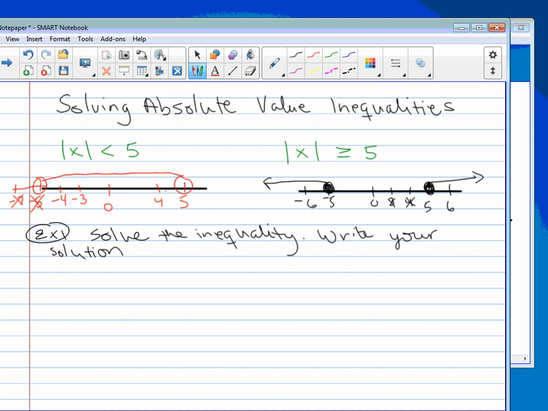It's just a big word, Nancy. Don't get scared. It's nothing. Interval notation. And let's do absolute value of 2x minus 7.